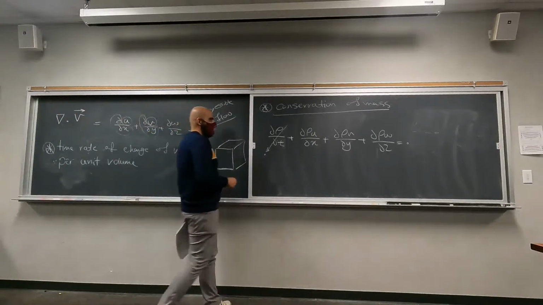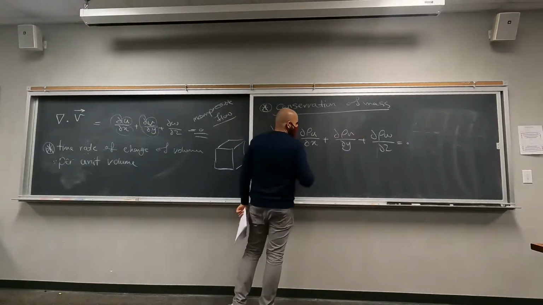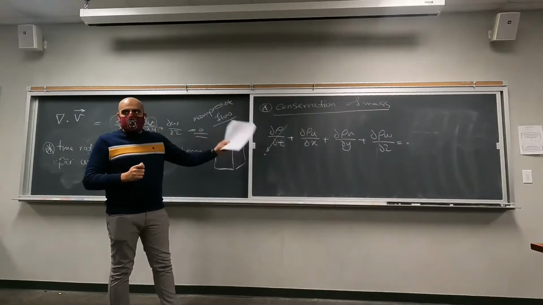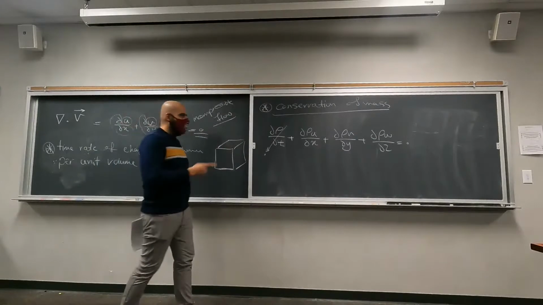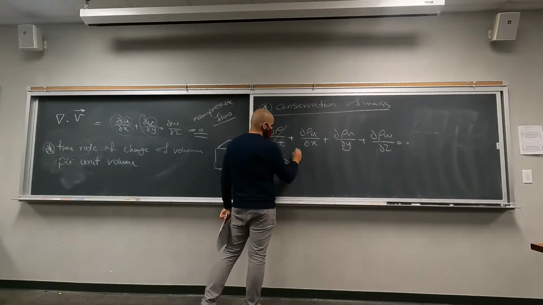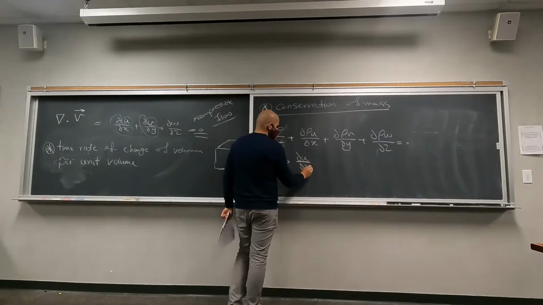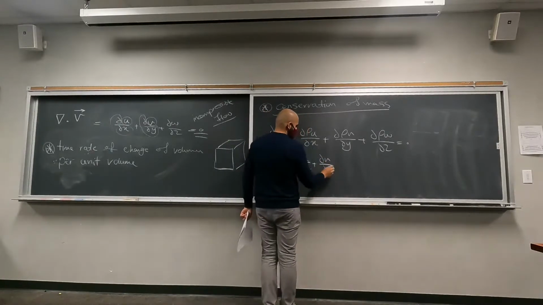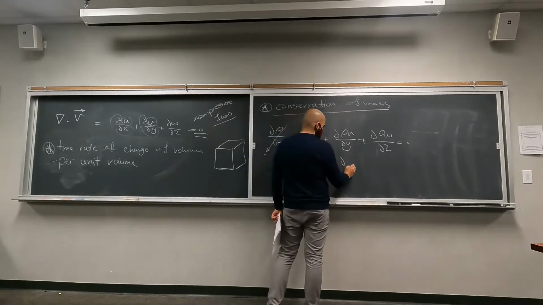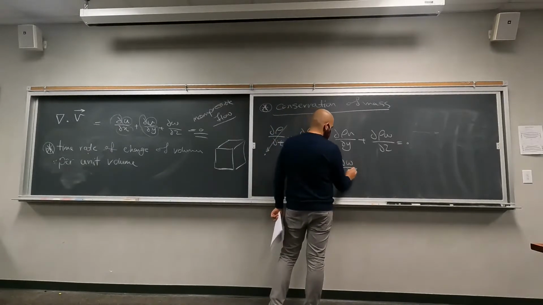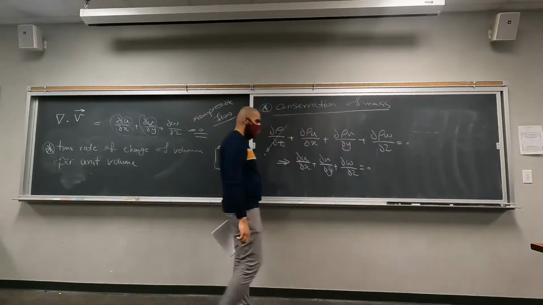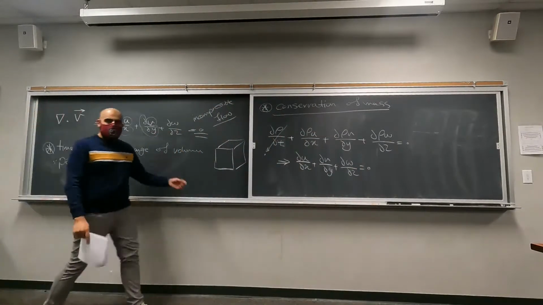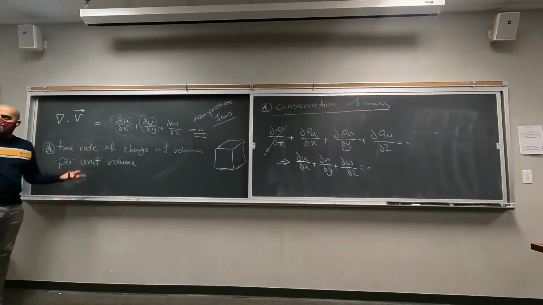Changes of density is going to 0, and we can take the density out of these partial derivatives. And we have 0 on the other side, so we can essentially cancel density. So for an incompressible flow, you're going to end up with this equation, which is the divergence of velocity.